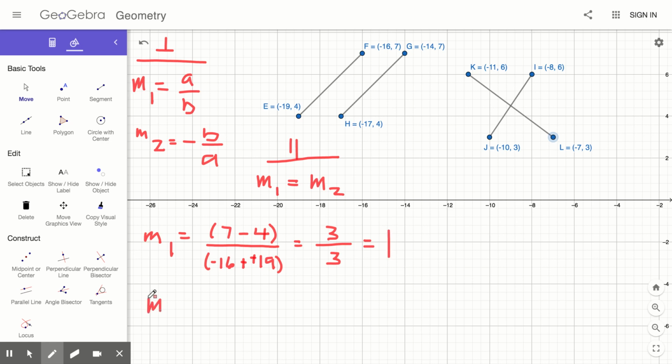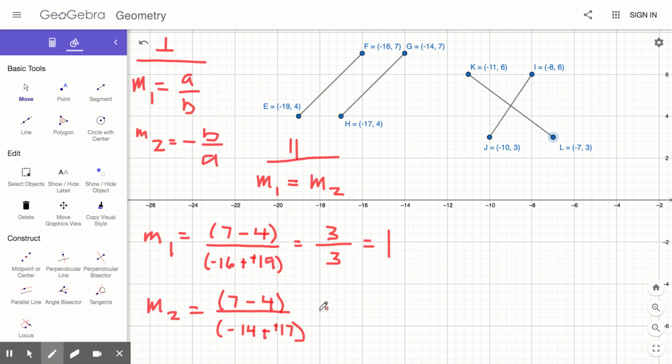All right, let's look at slope 2. Slope 2, we're going to do the same thing. This is our 2, this is our 1. So we're going to subtract 7 from 4, and then we're going to subtract negative 14 from a negative 17.